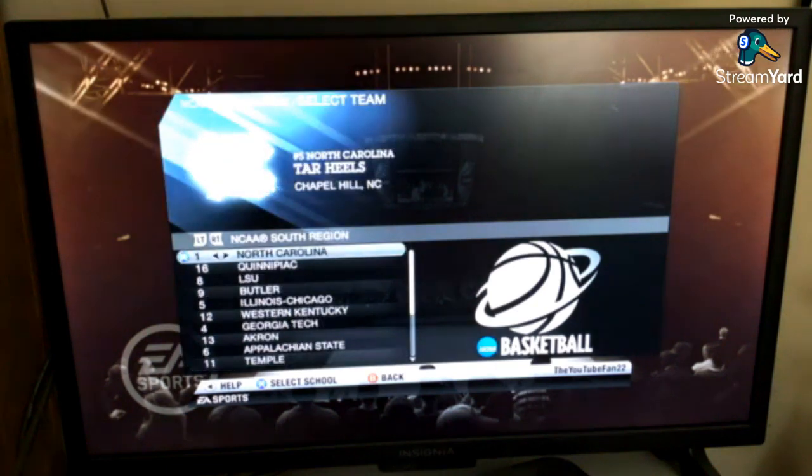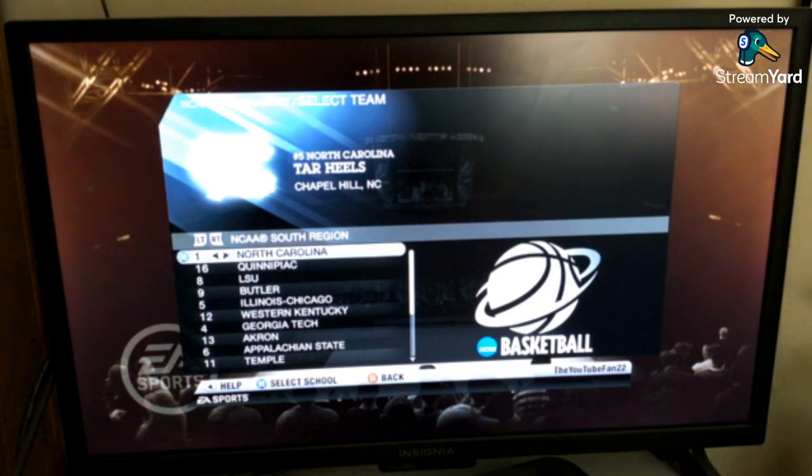Now to the South region and the final region of this tournament. The number 1 seed goes to, shockingly, Alabama.